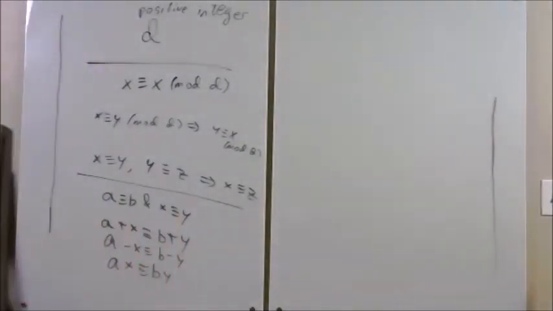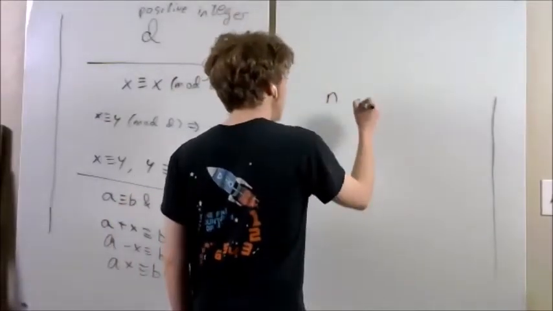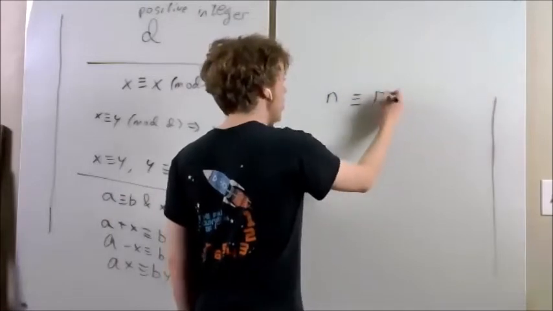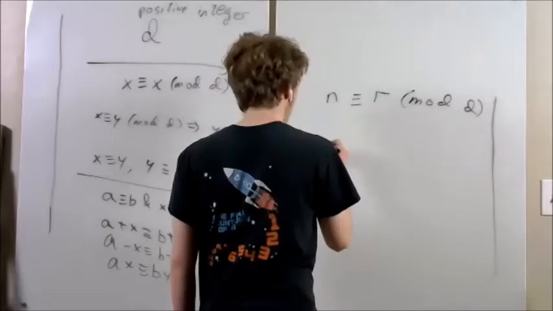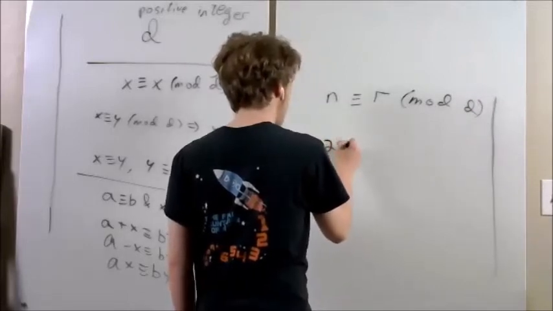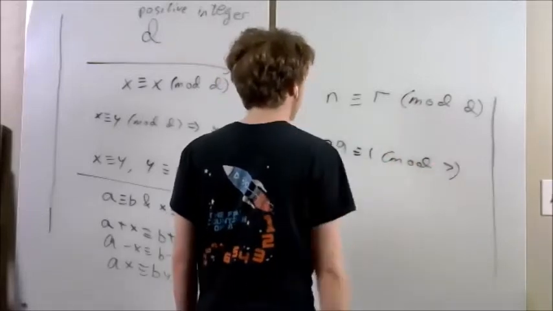And so one way of thinking about moduli is that if I have some number n, and when I divide it by d, say the remainder is r, then n is congruent to r mod d. So when I divide 29 by 7, the remainder is 1, and 29 is congruent to 1 mod 7.